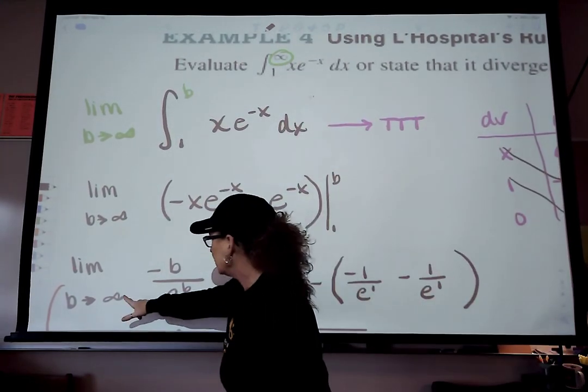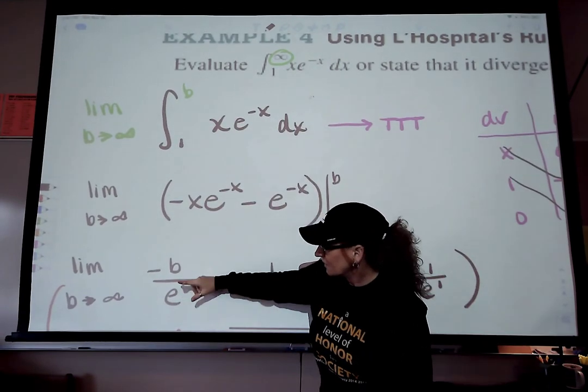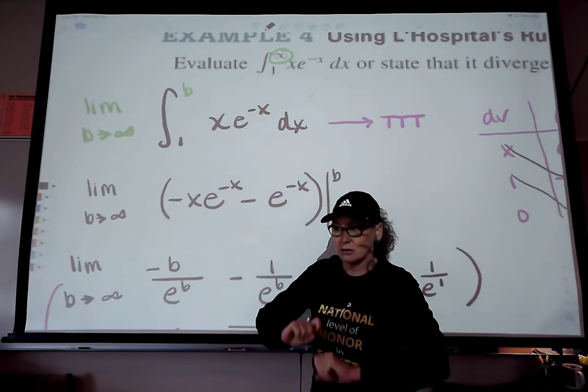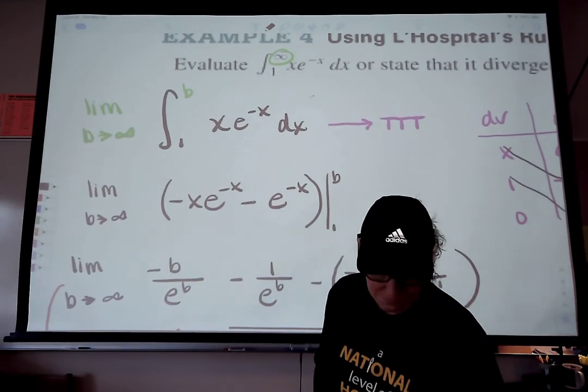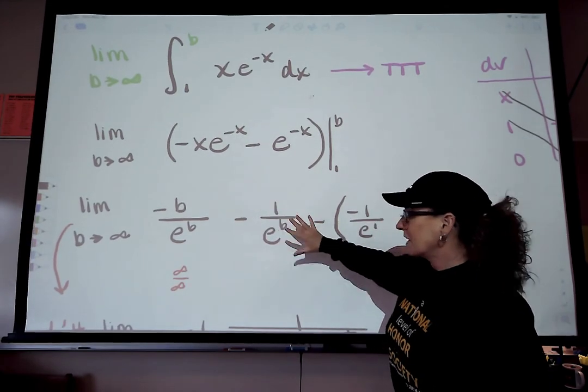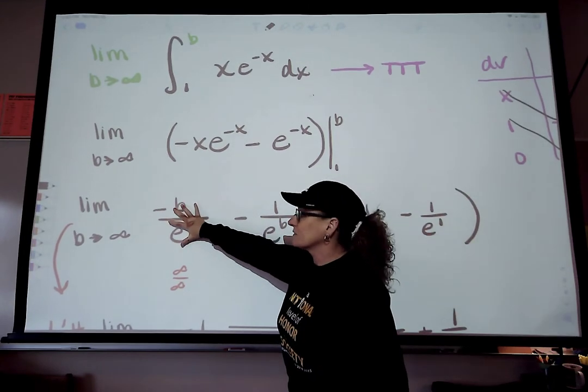So as b heads toward infinity, ooh, look at this. This is infinity over infinity. L'Hopital. This one's going to be fine. This one's going to be fine. This one's going to be fine. I had to do L'Hopital on this one.